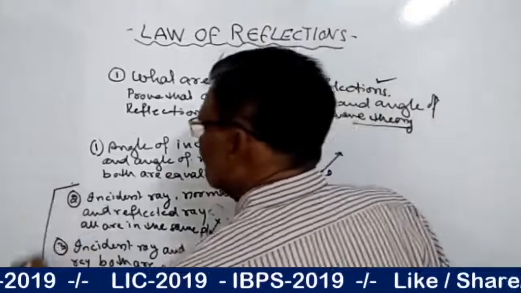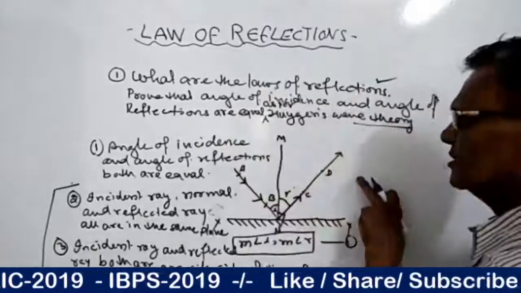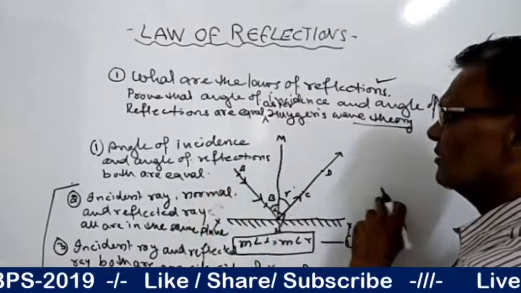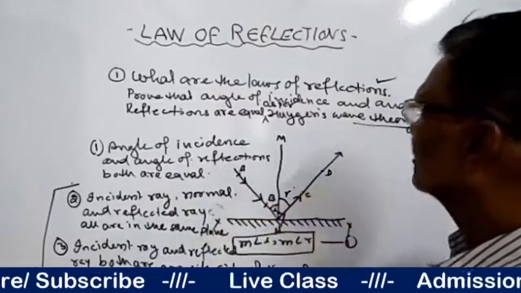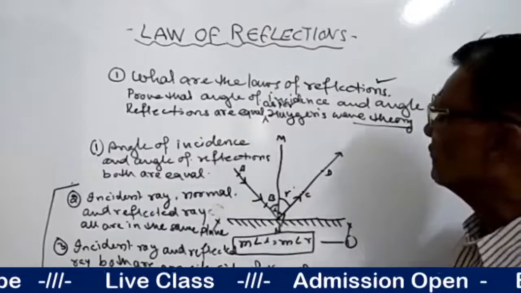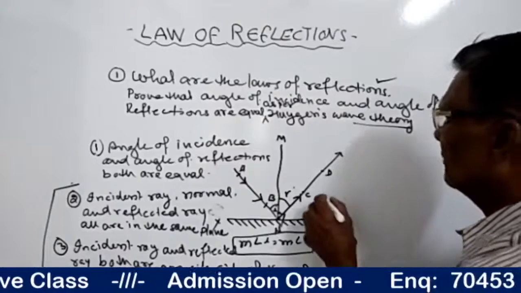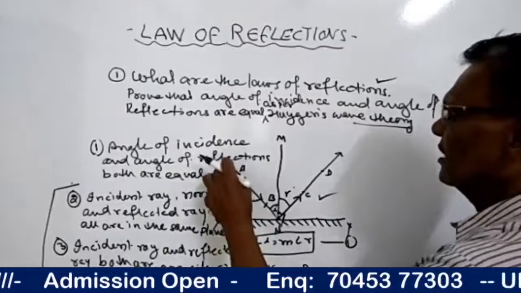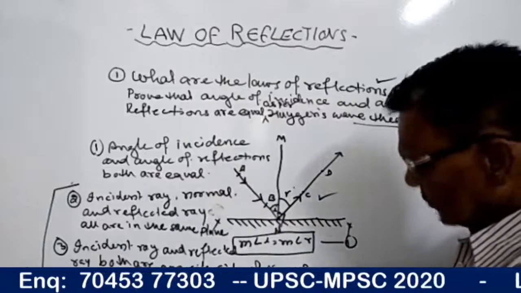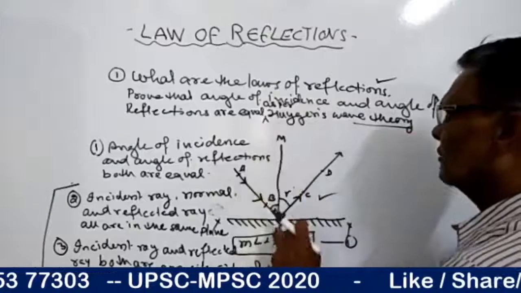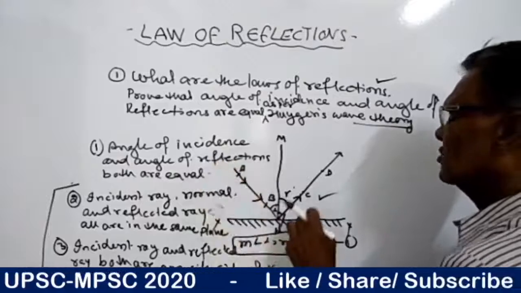So second and third law we can prove with the help of this diagram. Even in wave theory also we can prove that first thing, ray of incident, ray of reflection and normal are in the same plane, and secondly ray of incident and ray of reflection are on the opposite side of the normal. Here MN is normal, AB is at one side and CD is at other side.